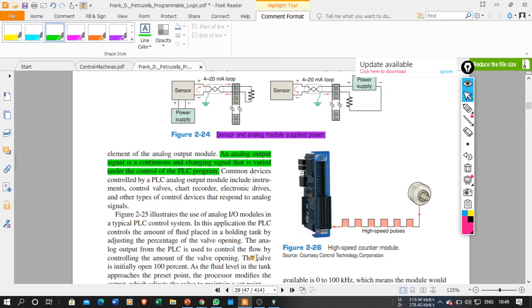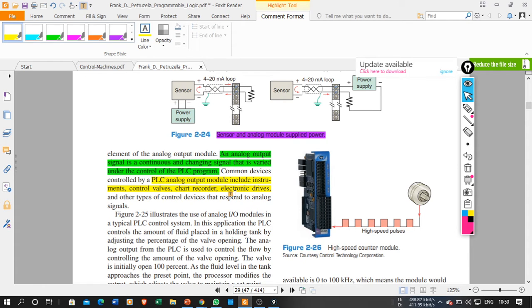The common devices controlled by the PLC analog module. So what are the output devices? For input we considered that pressure may be there, temperature, velocity, acceleration. Okay, so for the output, PLC analog output devices are control valves, chart recorder, electronic drives.